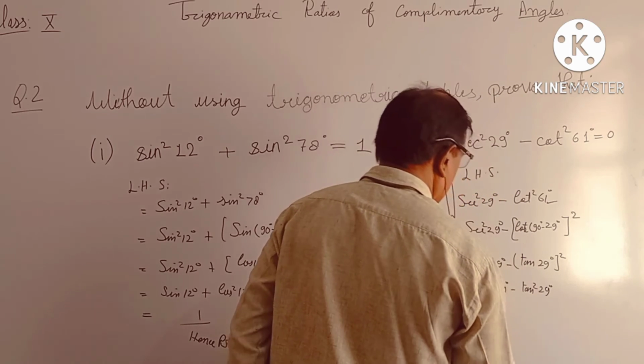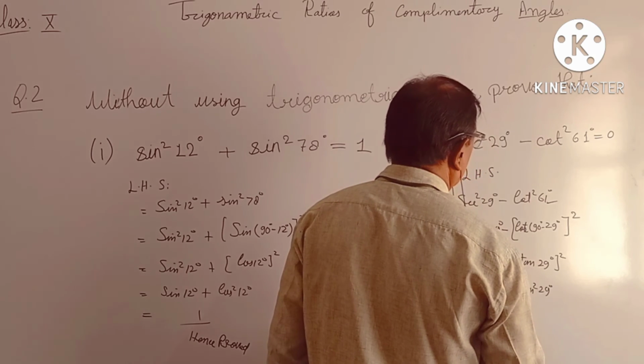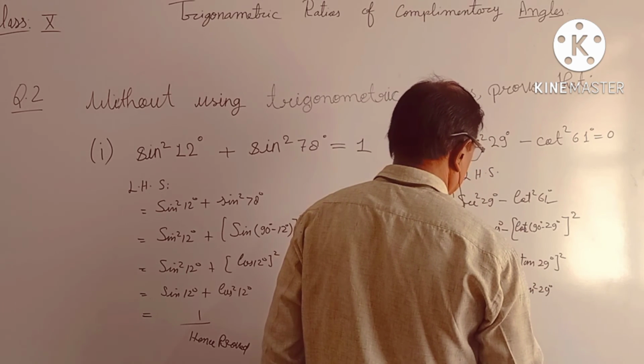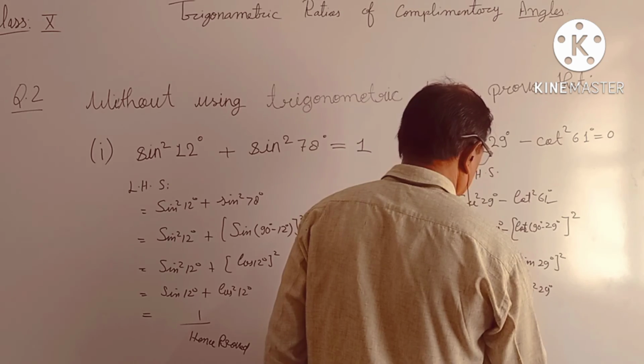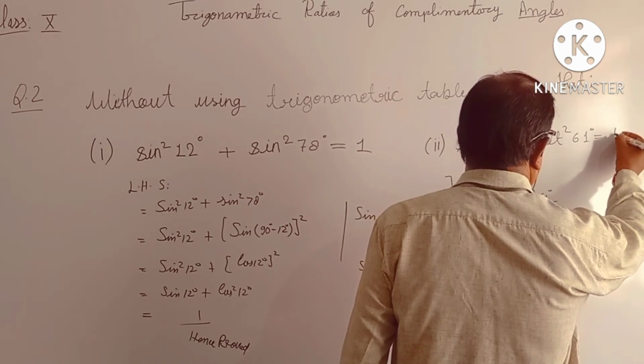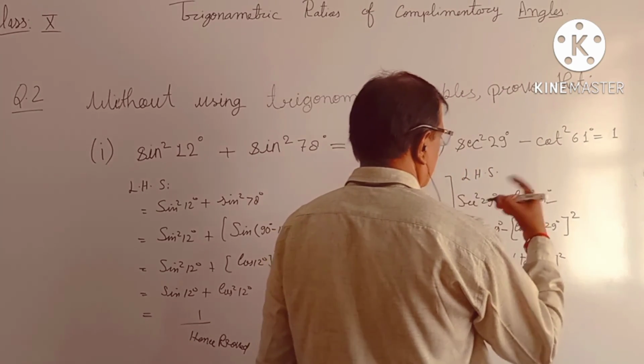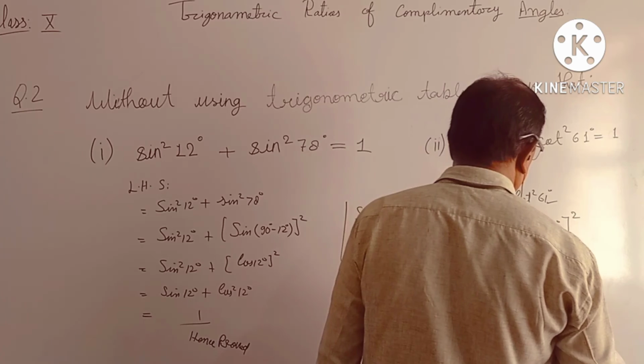As we know, sec square theta minus tan square theta is 1. Why is it 0? The right side of the question is written wrongly, so we have corrected it just now.